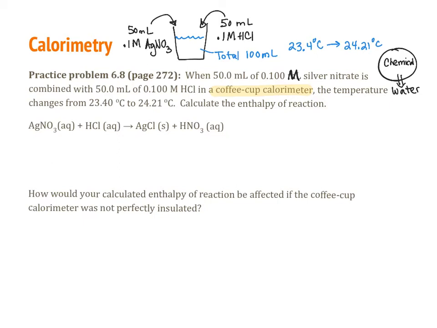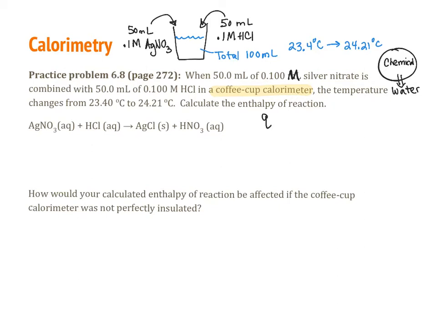The water is going to heat up or cool down, in this case it's heat up, based on the energy coming out of, or if it was cooling down, going into the chemicals and their bonds as bonds are being broken and formed. So the chemicals are our system, and the water and its temperature change records what's happening to the surroundings.